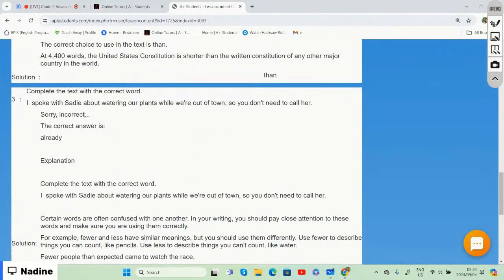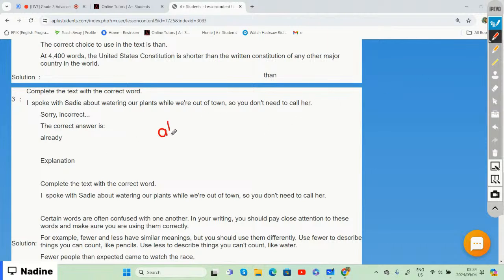I spoke with Sadie about watering our plants while we are out of town, so you don't need to call her. So you can say I already. Do we say already, or do we say all ready? You see, just look at these two words.